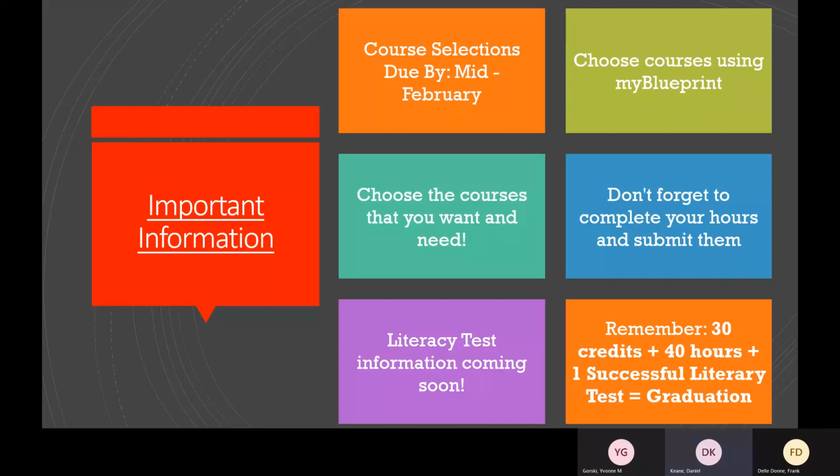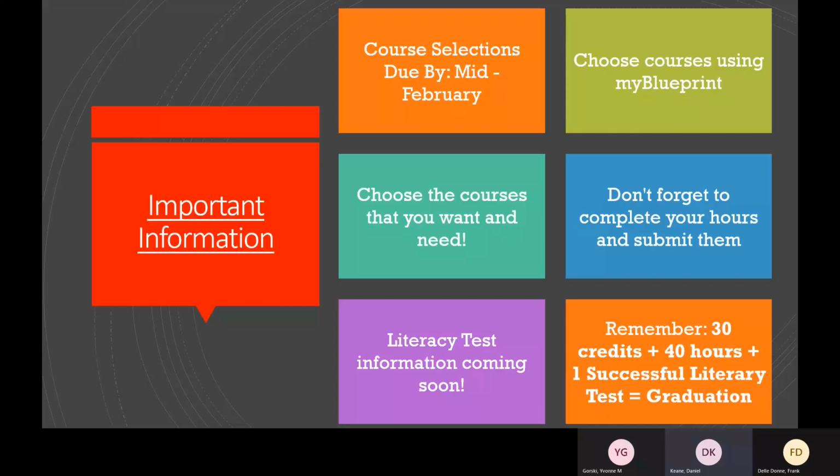Don't forget to complete your community service hours. They can continue to be done and submitted through guidance at any time. There is information about the literacy test that will be coming up in the spring, so stay tuned for that. Both of those two things, the community service hours and the literacy test, are important for your graduation.